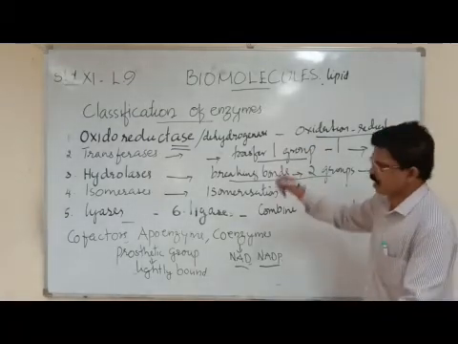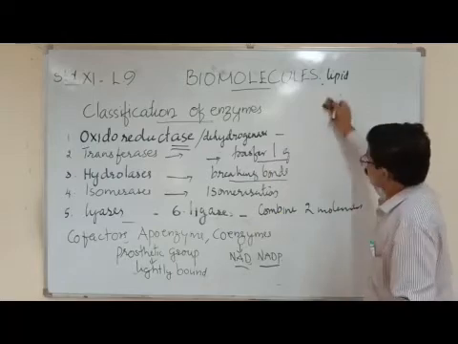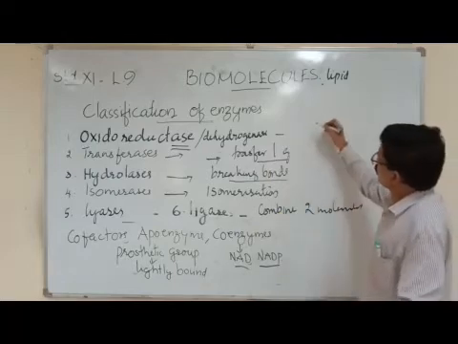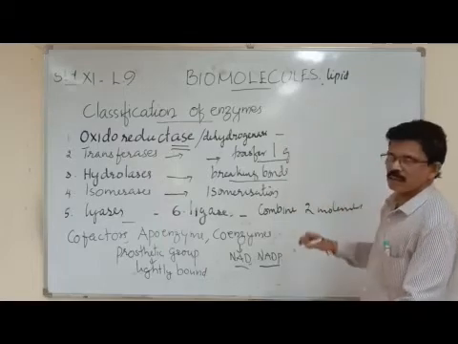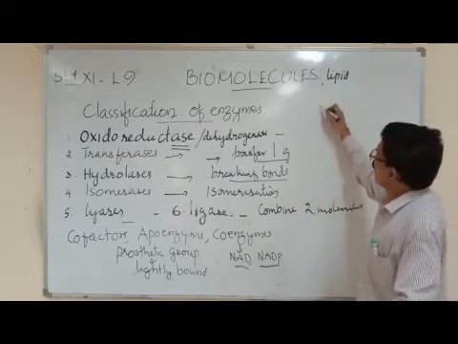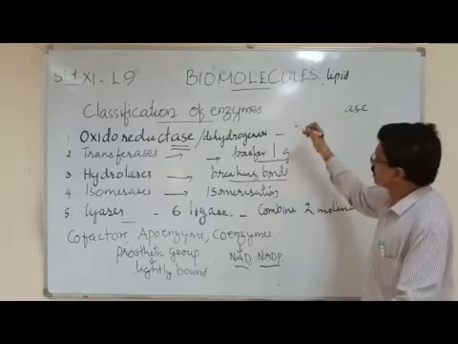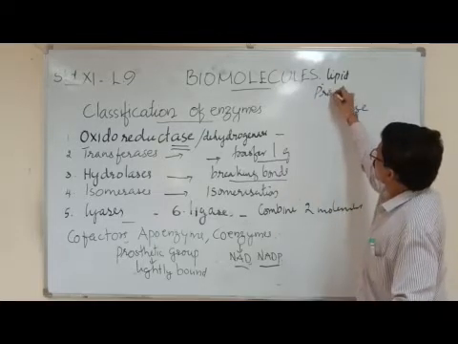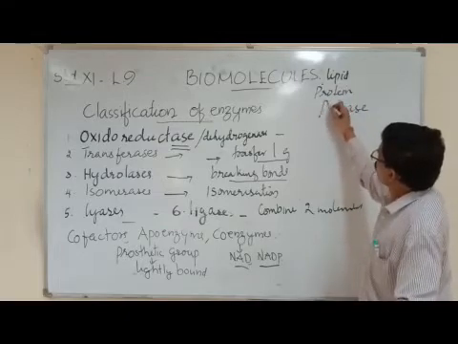In all these enzymes, you can see one common feature. What is that? The names of the enzymes are given by adding the suffix -ase to the substrate. Suppose protein is the substrate. We will write protease.